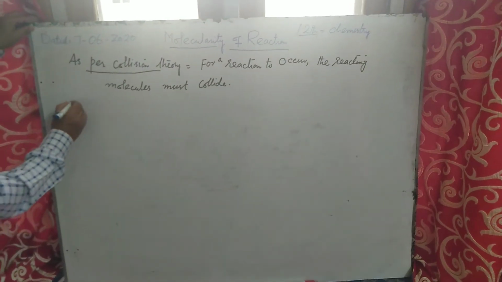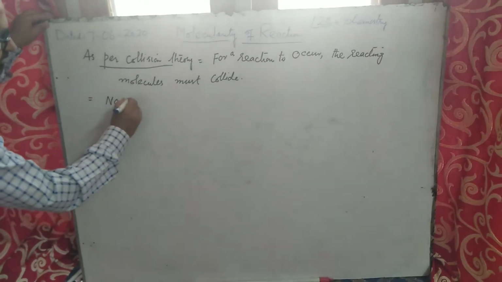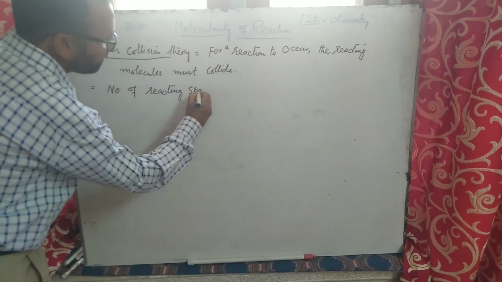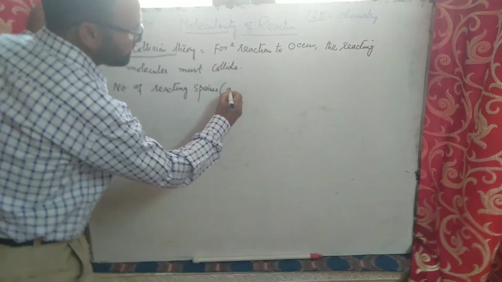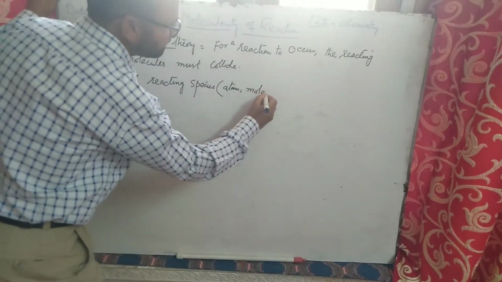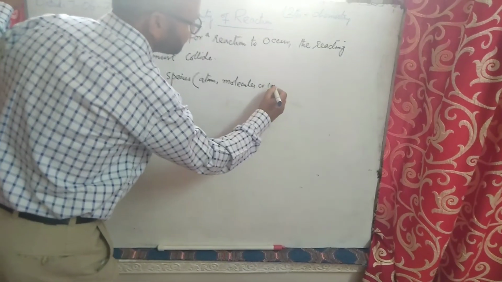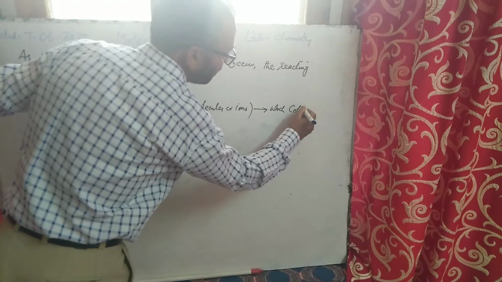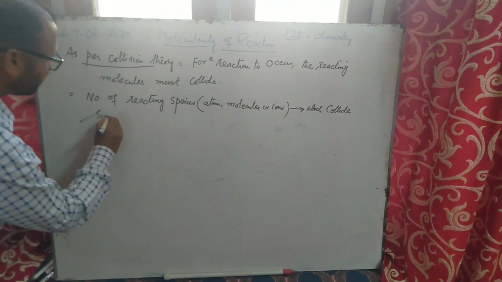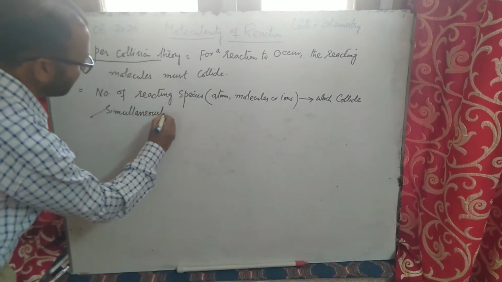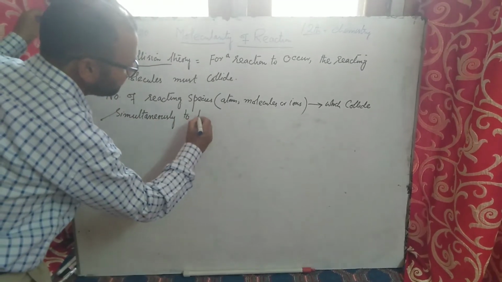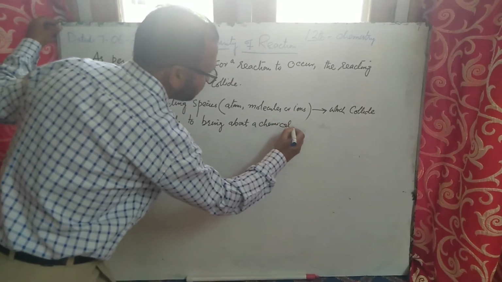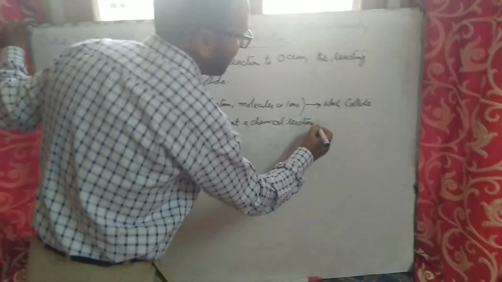So, I will write here: the number of reacting species, these can be atoms, molecules and ions, which collide simultaneously to bring about a chemical reaction is called molecularity.